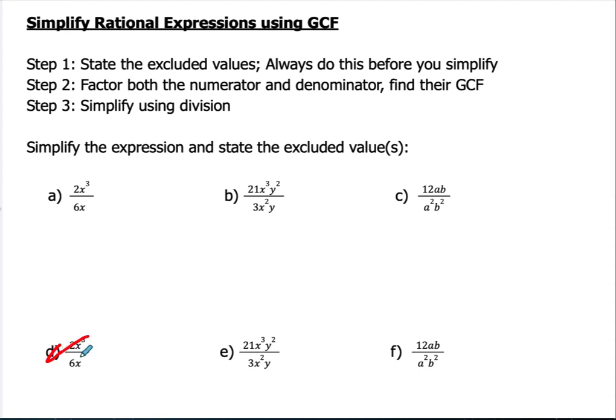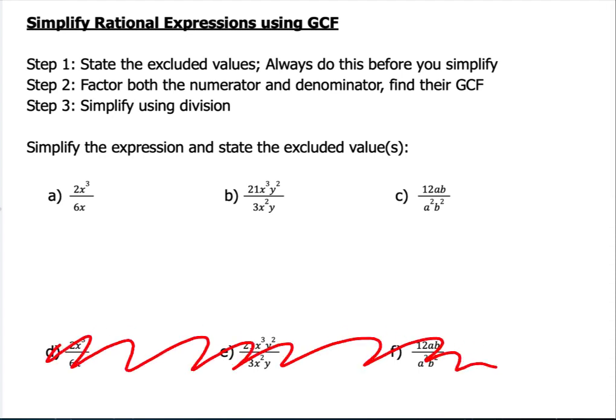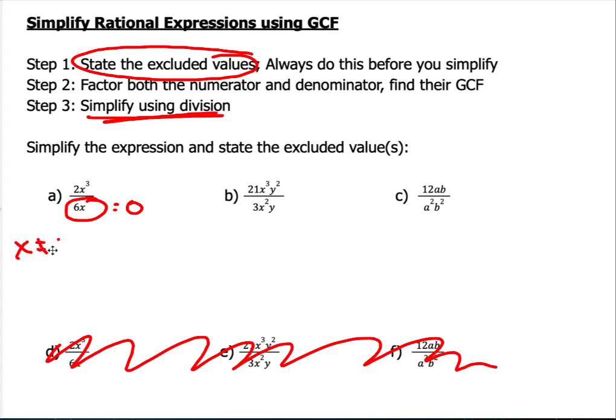All right, last ones. We're going to state the excluded values, but then we're going to see if we can simplify those expressions a little bit. So set my denominator equal to 0. So x can't be 0. That's my excluded value.